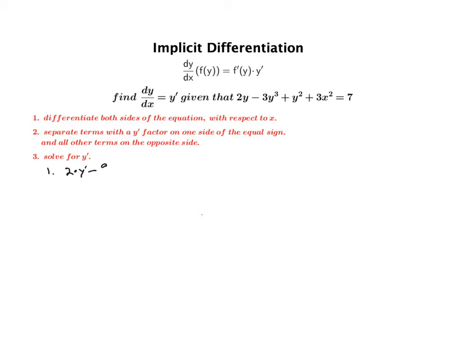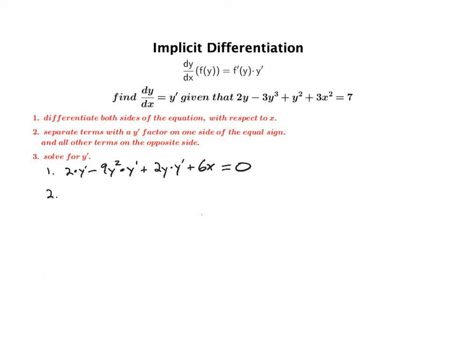So that's going to be 9y squared, the derivative of the outer function, times the derivative of the inner function, y squared, that's going to be 2y, and the derivative of the inner function. And then 3x squared, that's in terms of x, so that's just going to be 6x, and 7 is going to be 0.